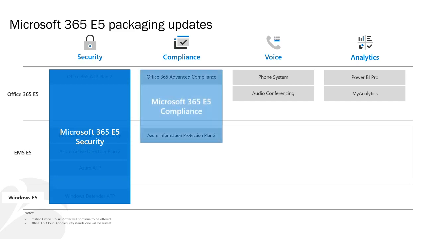And if you look at the compliance piece, not really too much change there, just that they're bundling those compliance offerings, Advanced Compliance and Azure Information Protection Plan 2, with the automatic capabilities and the cool AIP scanning tool that can classify, label, and protect content automatically and manually together. So you'll see those get bundled together, and they've created a new offering if you just want to take on the compliance pieces in the Microsoft 365 world.